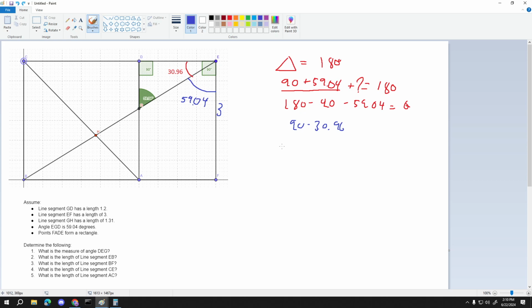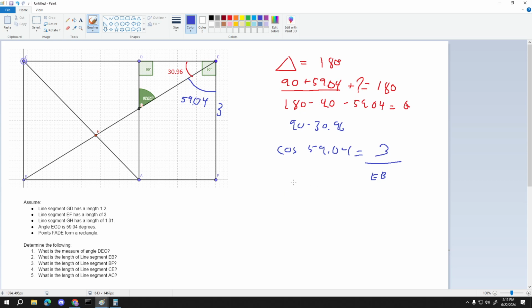So cosine 59.04 is equal to adjacent, which is 3, over hypotenuse, which is EB. Then we want EB on just one side, so we divide both sides by cosine 59.04.